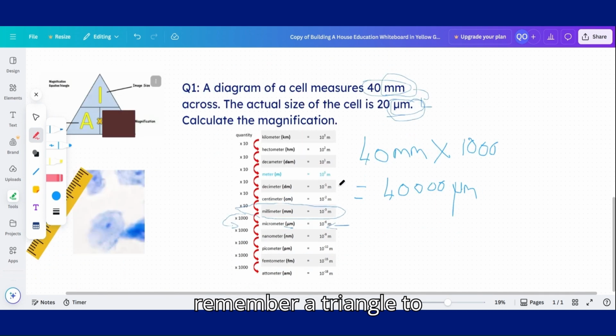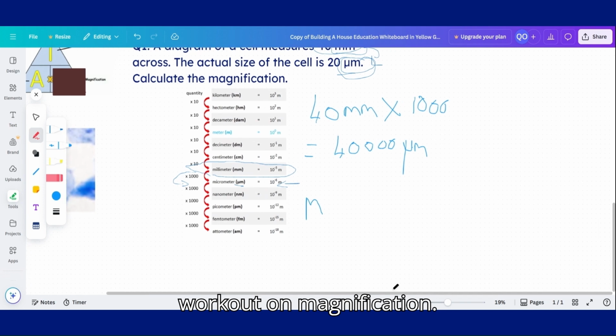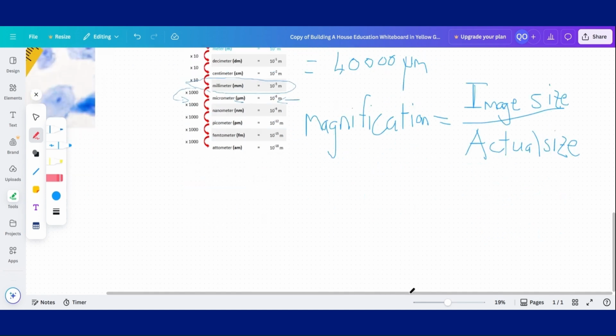If we remember our triangle to work out our magnification, this equals the image size divided by the actual size.